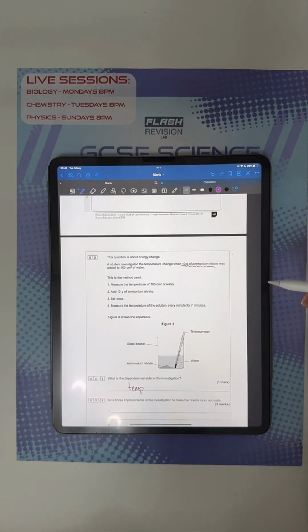What is the control variable? There's loads. Control variable, you can think of other things.